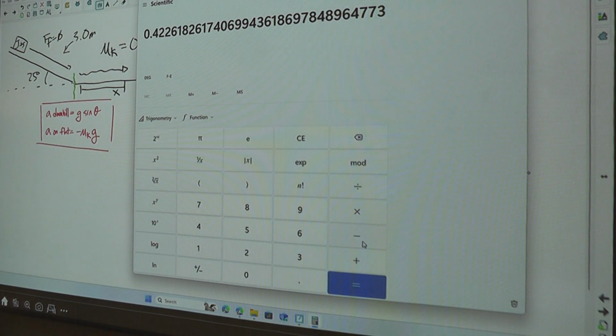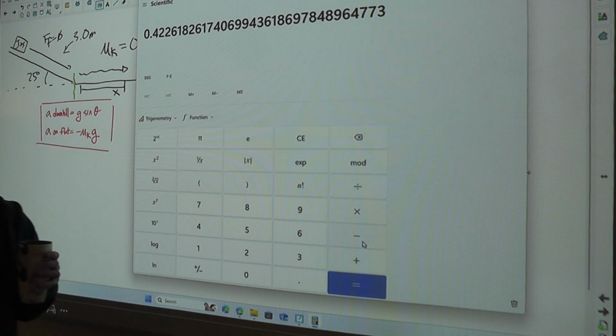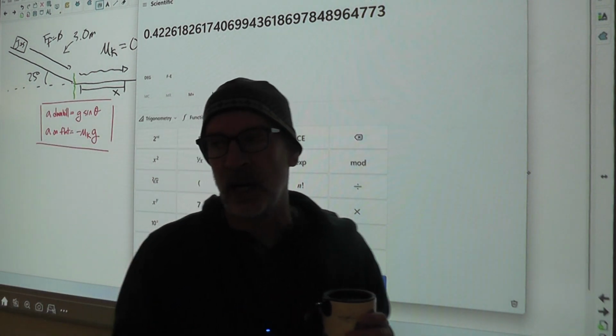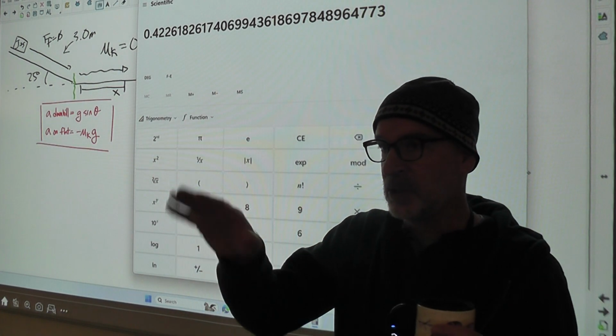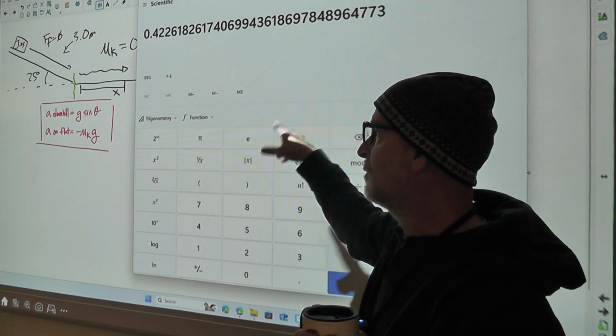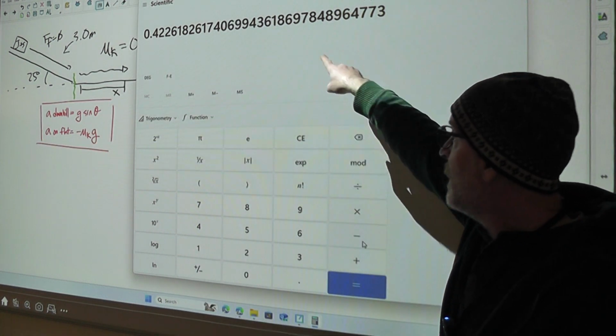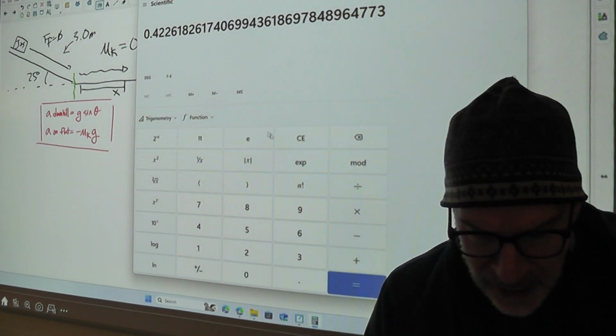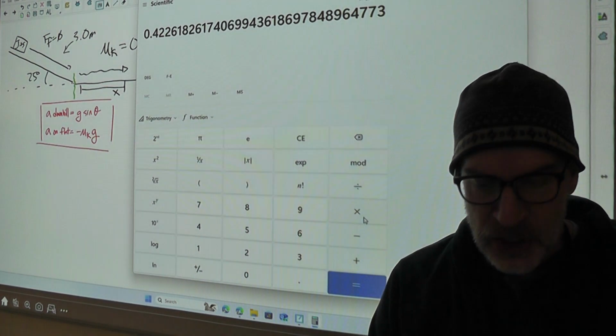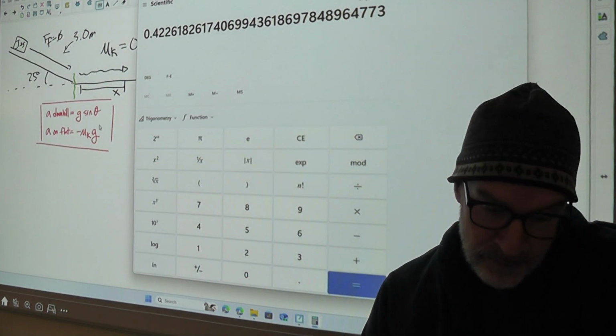Your calculators are going to be a little bit different than mine, so I don't know exactly how you're going to use your calculator. Some of them you type the sine function first and then the angle. Some of them you type the angle first and then sine. In this case, now that I've typed that in, I can multiply that by g. What's g? g is 9.8 or 10.